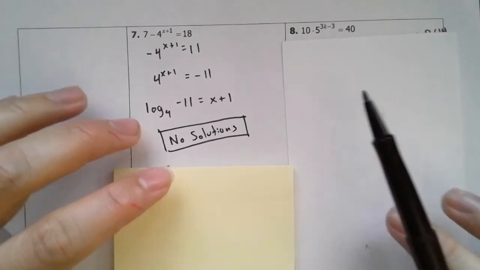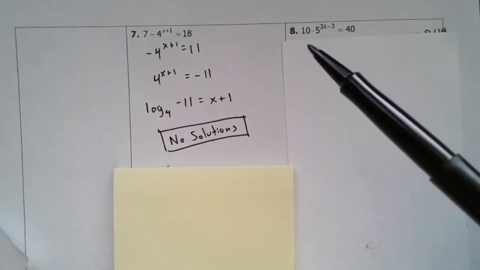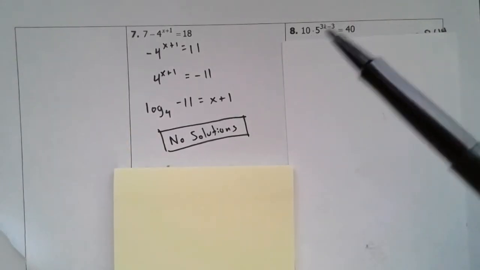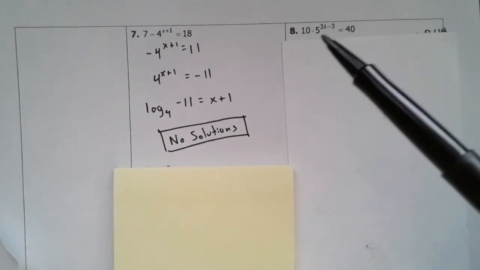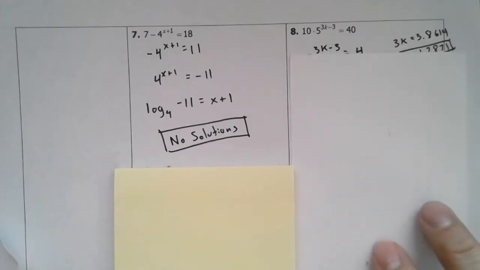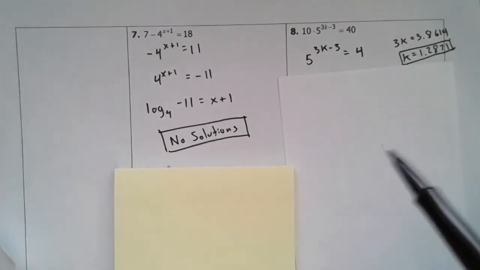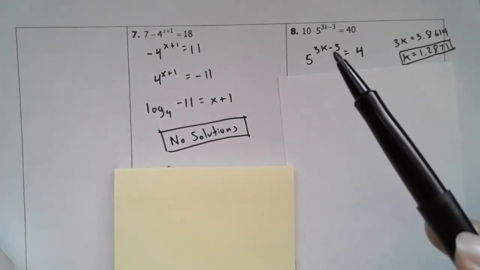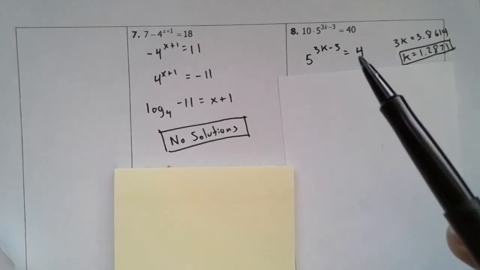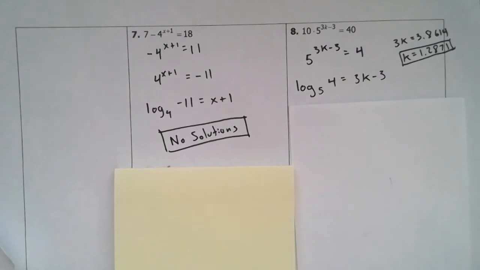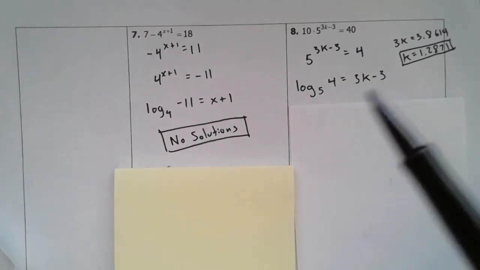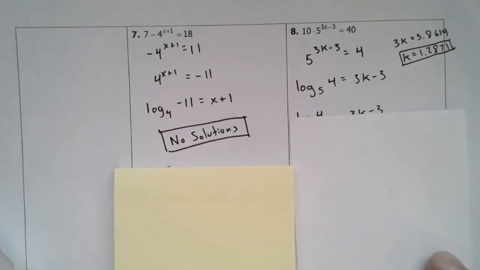Next one, I have 10 times the exponential expression is equal to 40, so I have to divide both sides by 10, and then I get 5 to the 3k minus 3 is equal to 4, and then I rewrite this as my log, and I get that right there. Okay, and then there's nothing I can raise 5 to get 4, so I'm using change of base formula again.